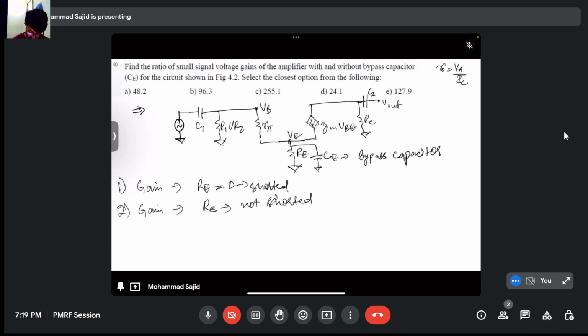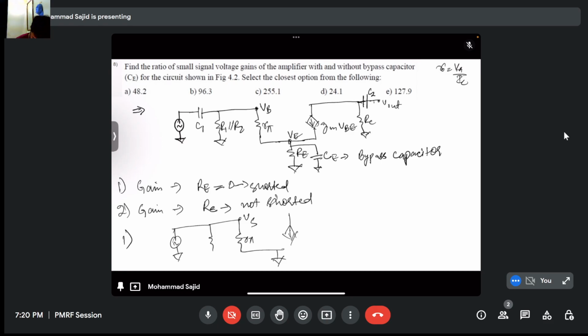Let's find first the gain when the capacitance is shorted. In that case, assuming input and output capacitances are also shorted, you have Vs here. That Vs will be here also. This is ground.